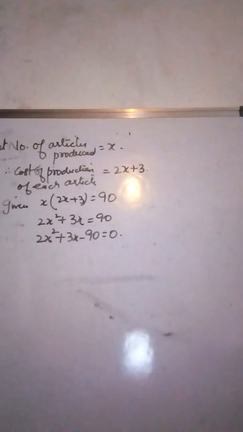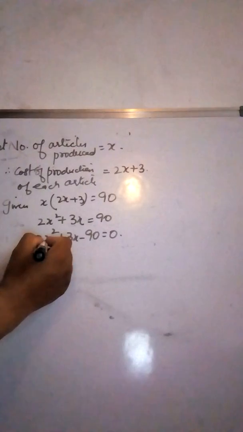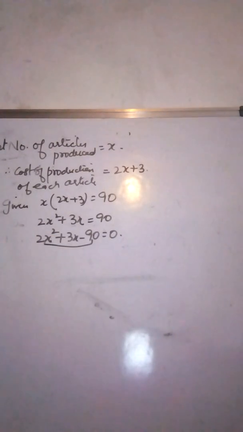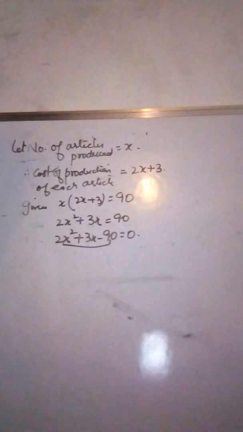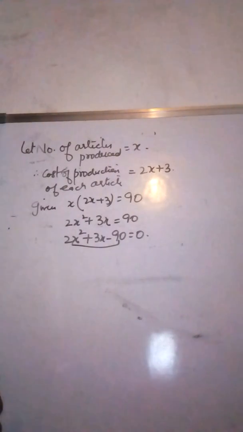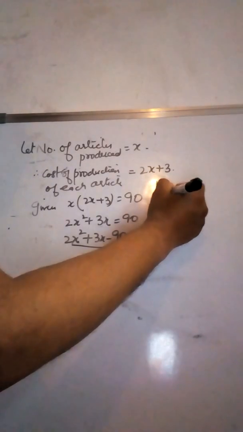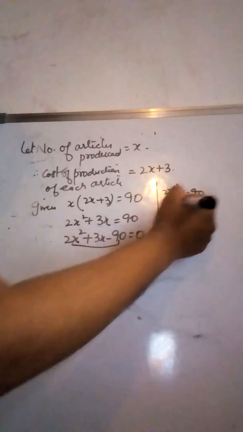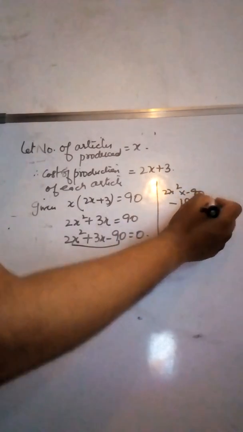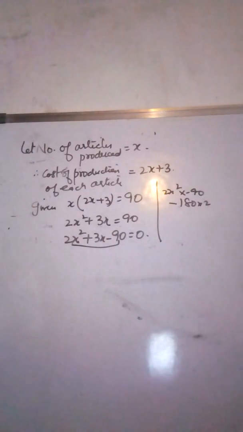Now again I have to find out the middle term, factors of 90. So no, it will be 180, because the square term should be multiplied with the constant term. So 2x square into minus 90 will give you minus 180x square, and the middle term is 3x.